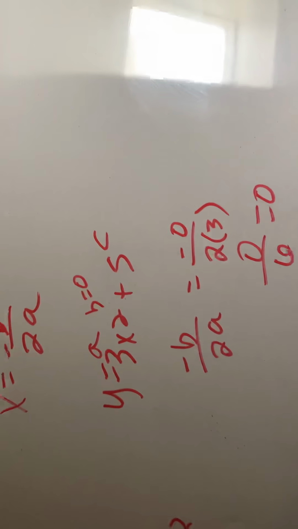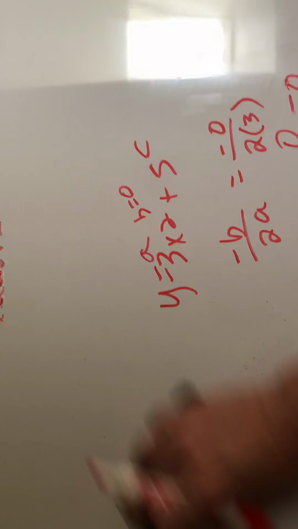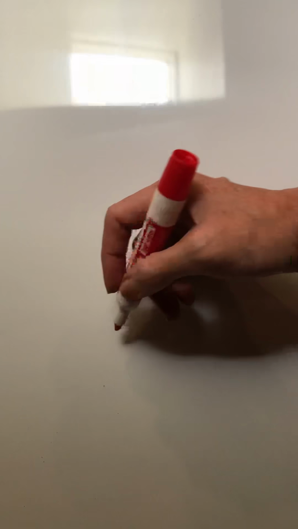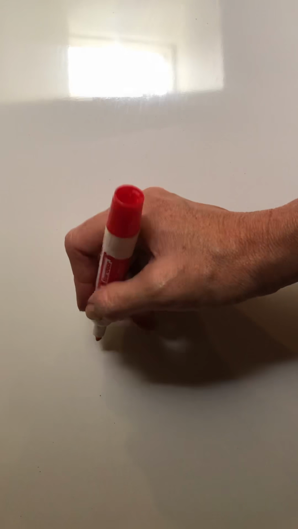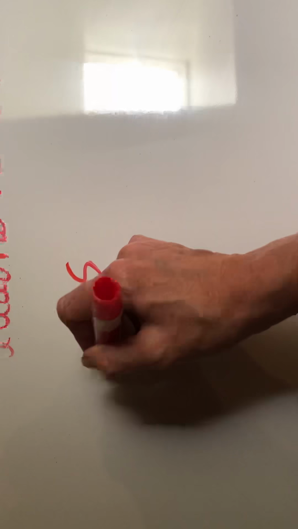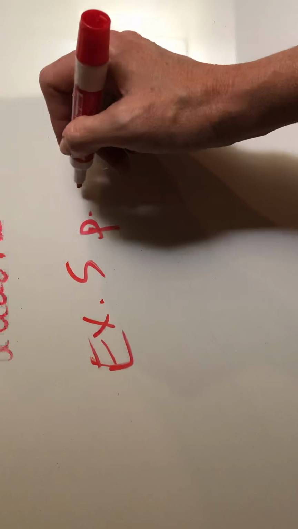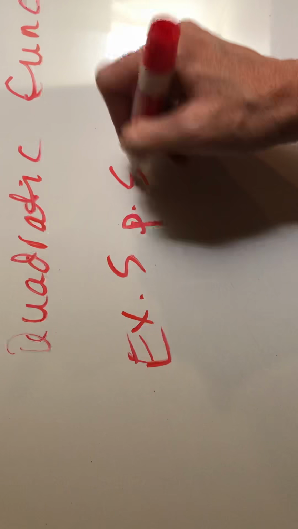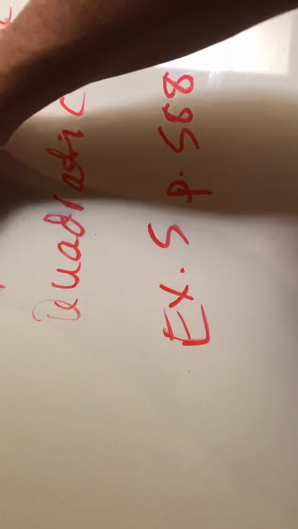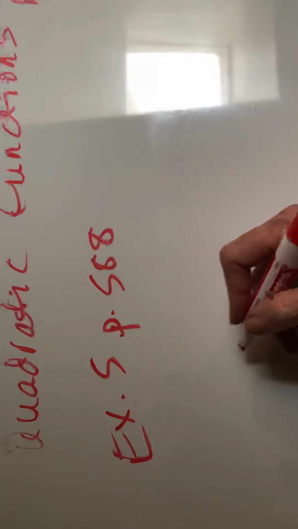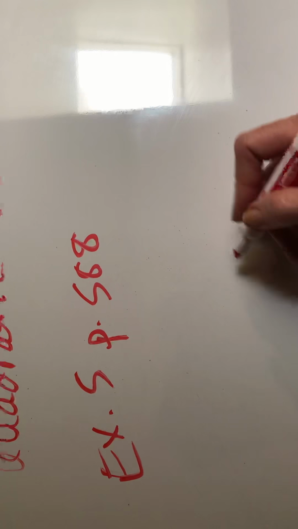Okay, then one last thing on the notes. Is example 5 on page 588. Yeah, example 5 on page 588, where you've got a golf ball.